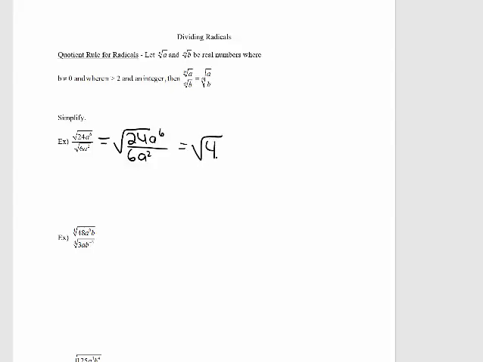A to the 6th divided by a squared, remember, you subtract the exponents, so that's a to the 4th. Now, what we have left is a perfect square. So the square root of 4 is 2. The square root of a to the 4th is a squared.